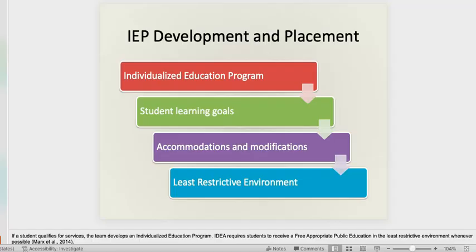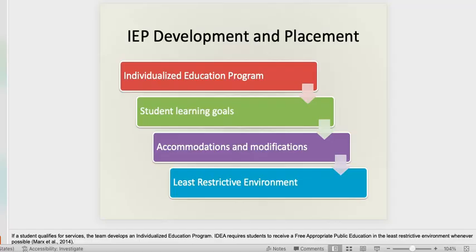IEP development and placement. If the student is found eligible for special education services, the next step is to develop an individualized education program, commonly called IEP. The IEP outlines the student's educational goals, specialized instruction, and accommodations or modifications that support learning.